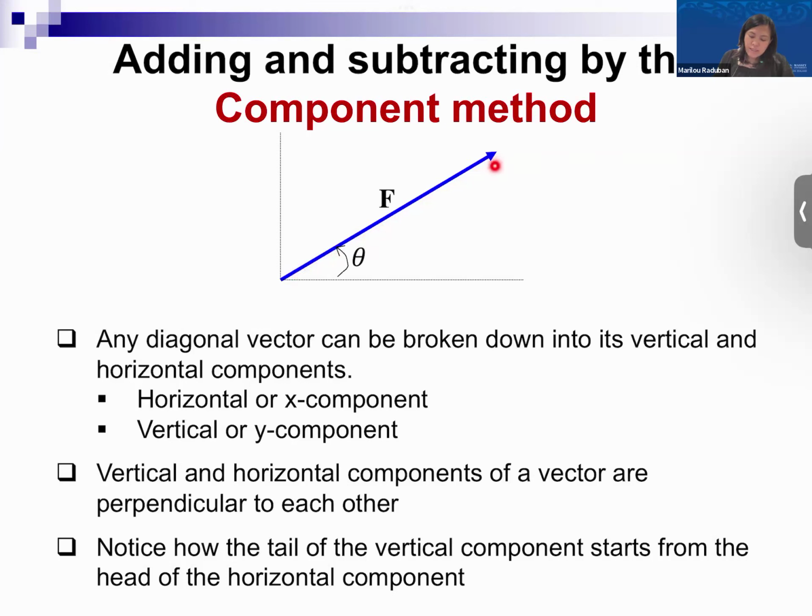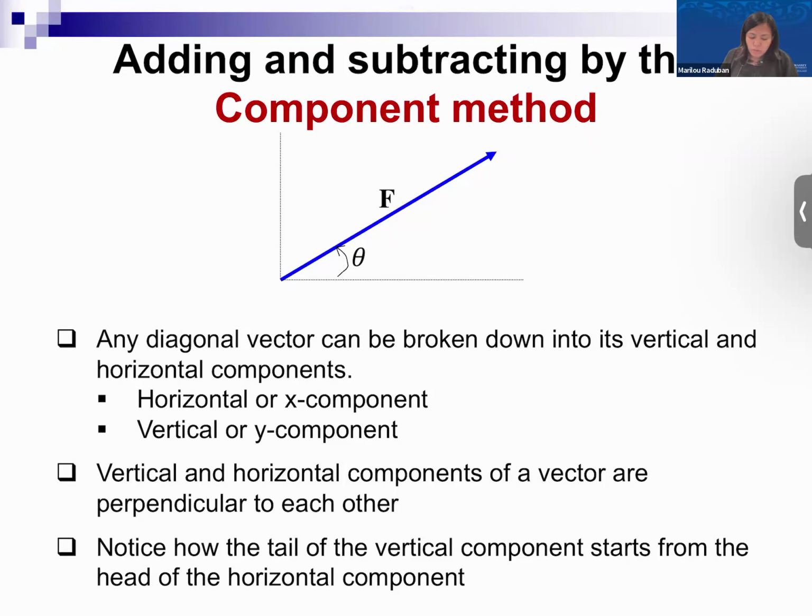Let's use this vector drawn here as an example. It's a force vector represented by this symbol F. This vector is at an angle theta relative to the x-axis, meaning, as you can see here, this vector is diagonal relative to the x-axis.